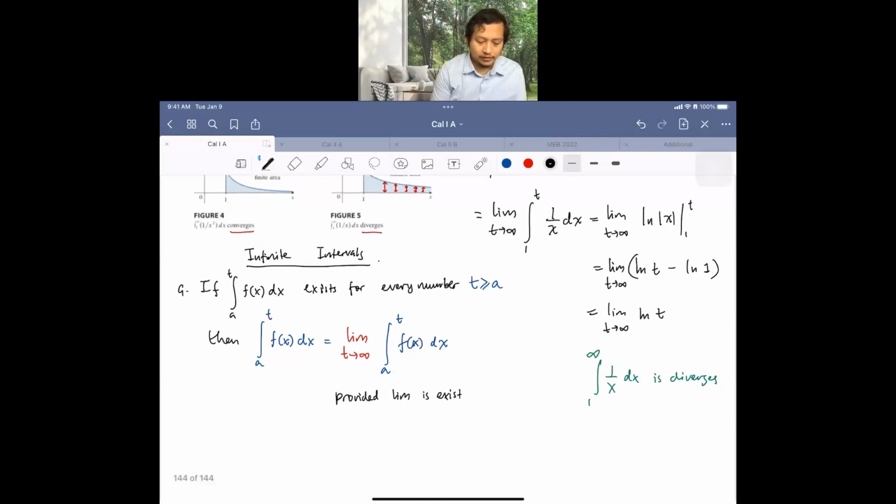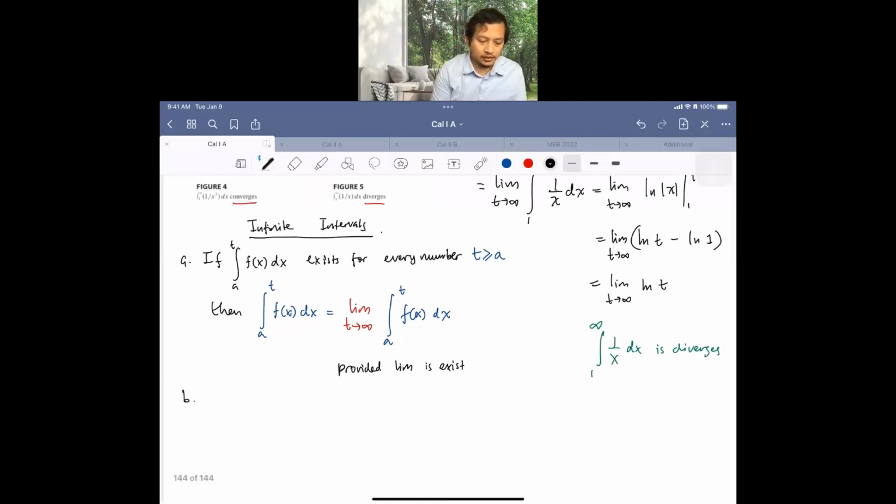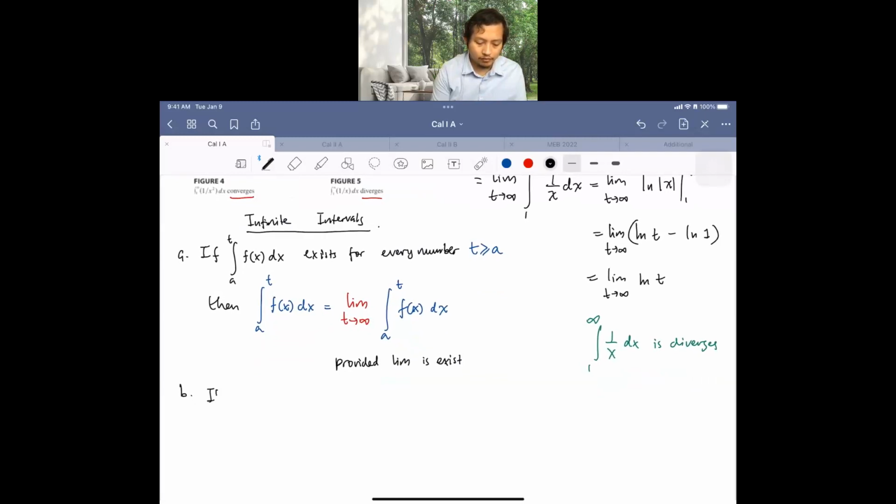And in the same way, the second case is if we take t to b. So now we have from the left, it's getting negatively large. It exists for every number t less than or equal to b. Oh, let me take a different color.